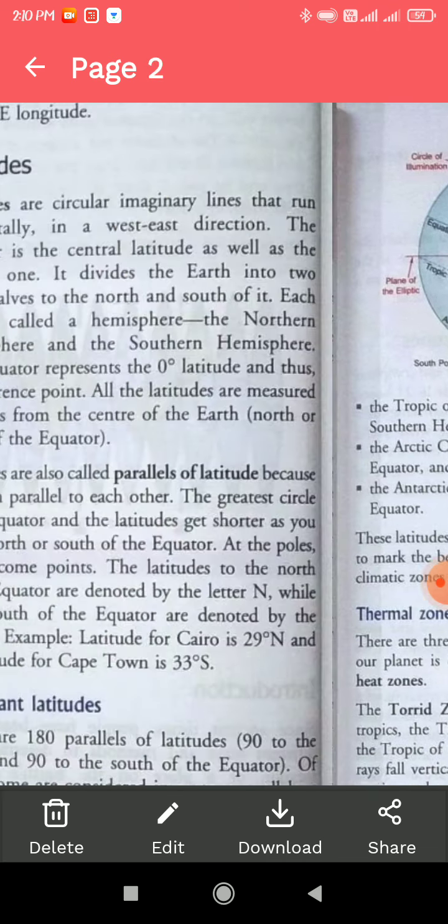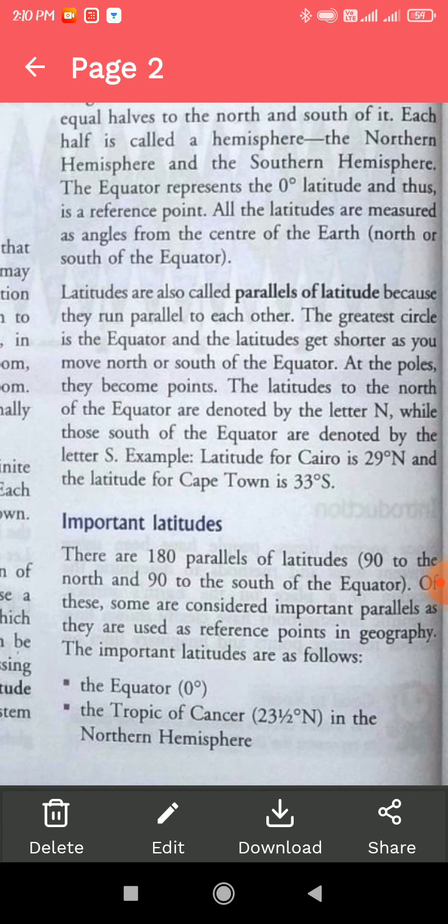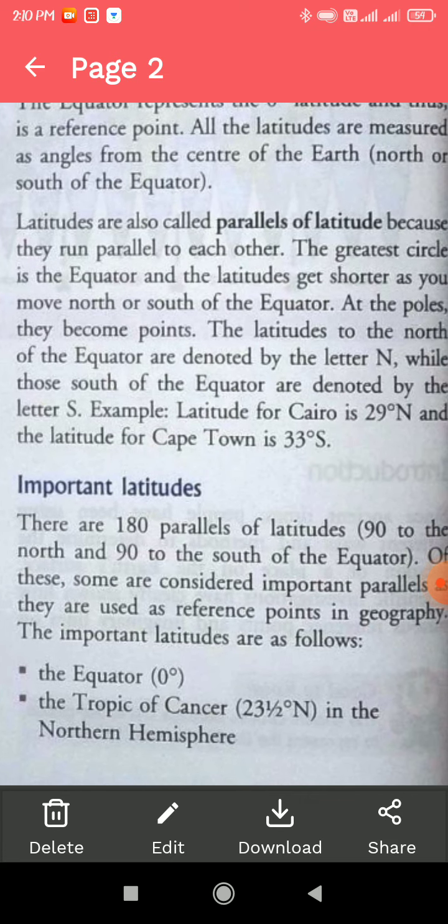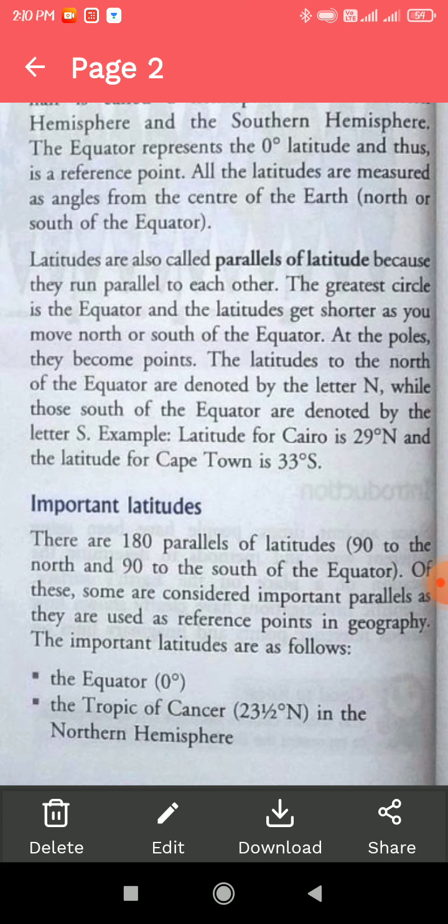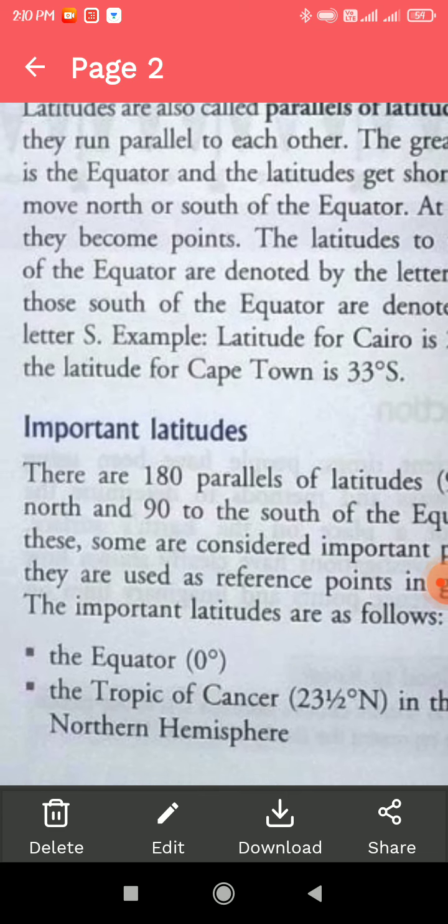Now let's move to the next paragraph, important latitudes. There are 180 parallels of latitude, 90 to the north and 90 to the south of the equator. Of these, some are considered important parallels as they are used as reference points in geography. The important latitudes are as follows. This is very important.